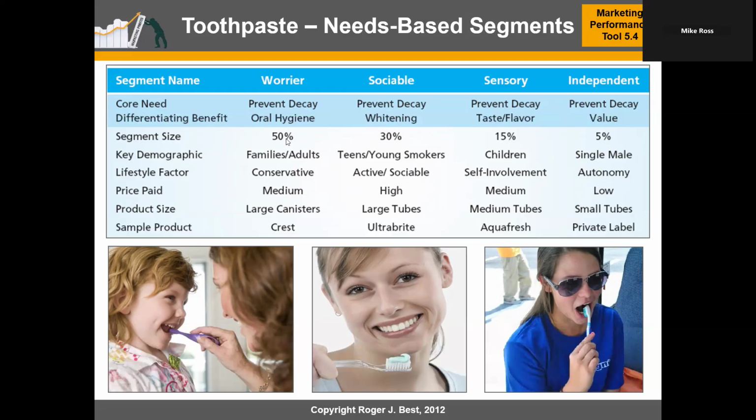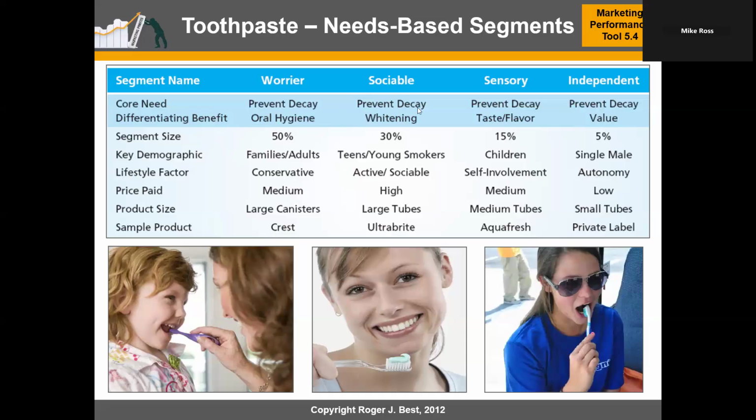I'm sure these are pretty much just rough estimates, but this research would say about 1 in 2 purchasers of toothpaste are trying to prevent cavities and dental issues, as opposed to 3 in 10 who are focused on, of course, they want to prevent decay, but they want to make sure their teeth are really white. I don't know if hers are really white. I don't know if mine are really white, but that could be a big segmentation.